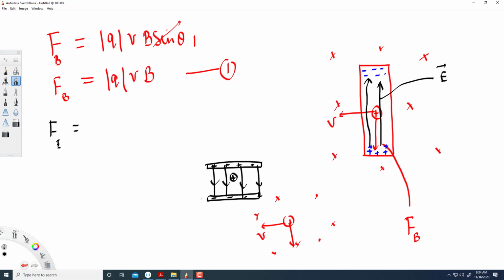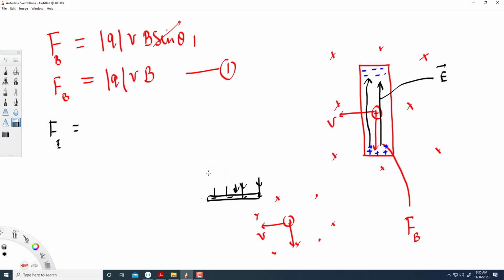Down, because the positive charges push the positive down. Yeah, in this case it's down, but here we are talking about this one.